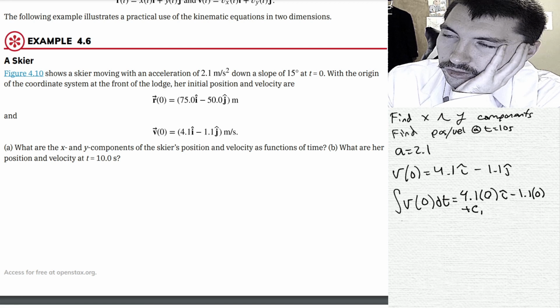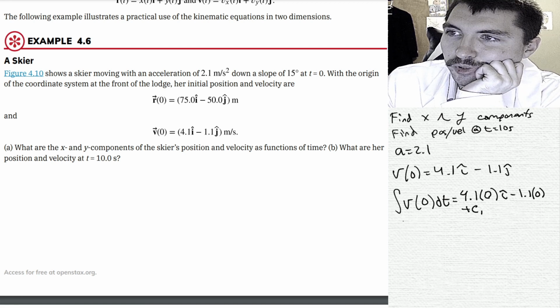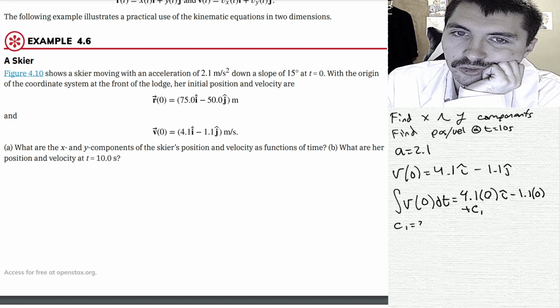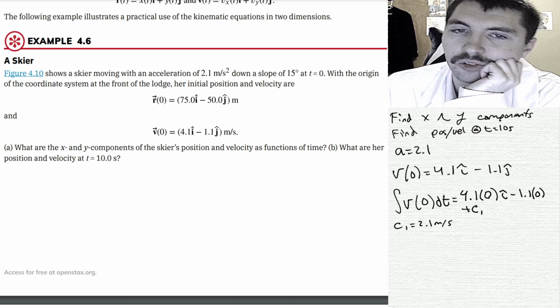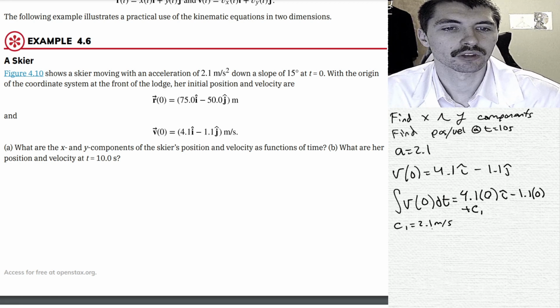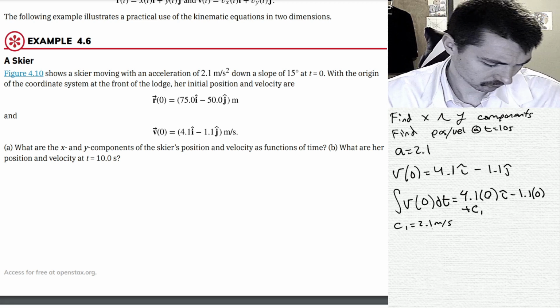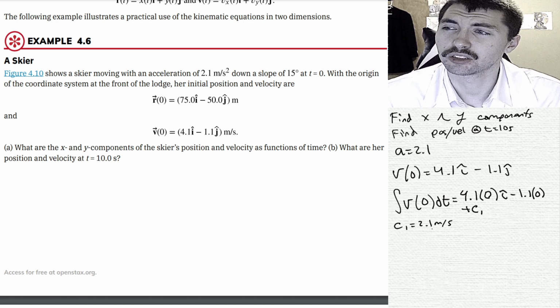So the constant is 2.1. So C1 equals 0.1. That might be completely unnecessary, but I just wanted to see if that would work.